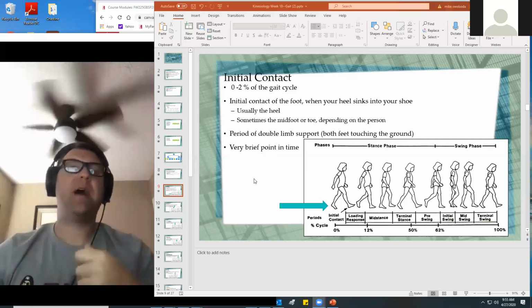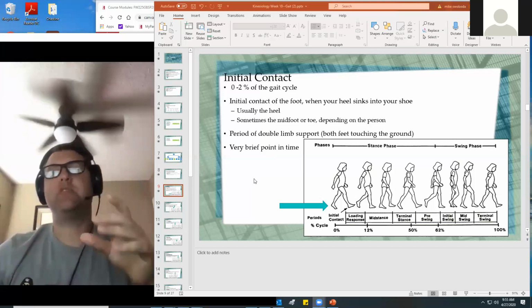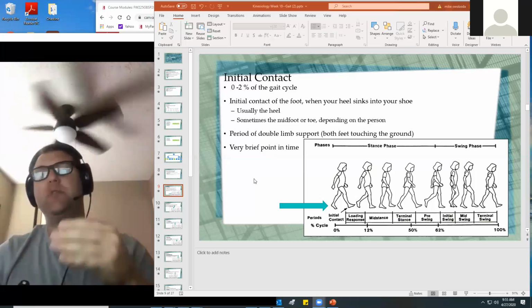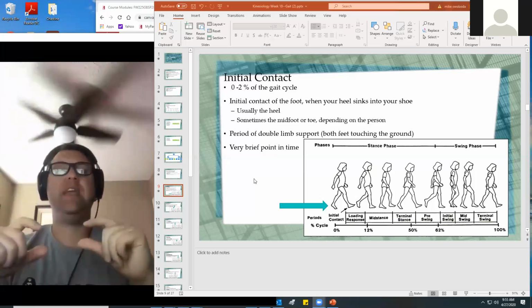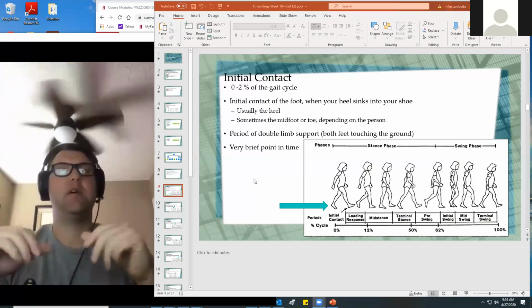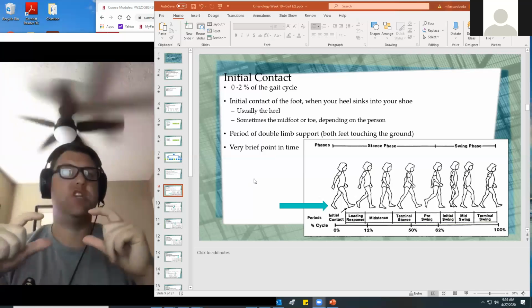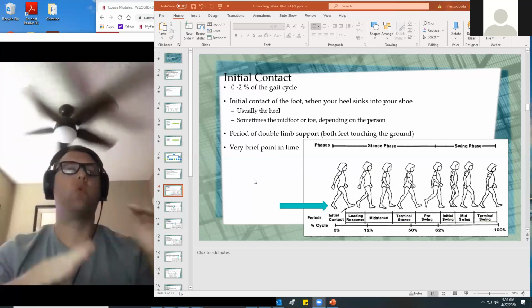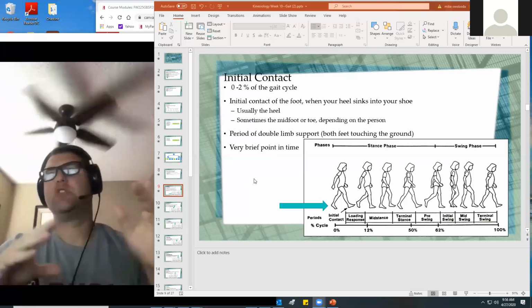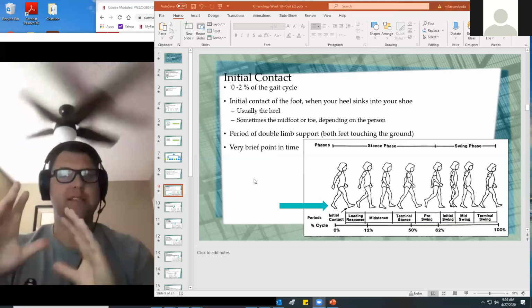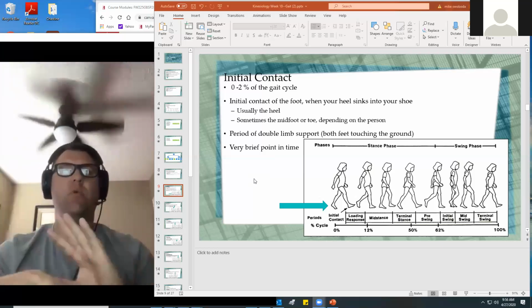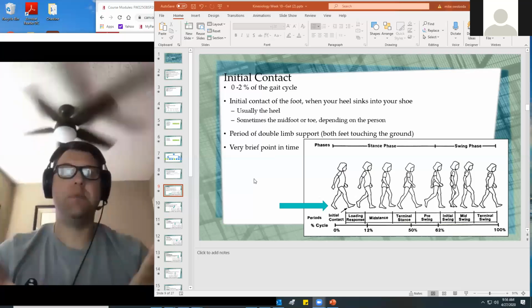About 5 miles an hour is the amount of speed you have to achieve to get both feet off the ground at once. As soon as both feet are off the ground at the same time, you achieve that period of flight, you are now running. As long as you always have one foot on the ground, you are walking, no matter what the speed.